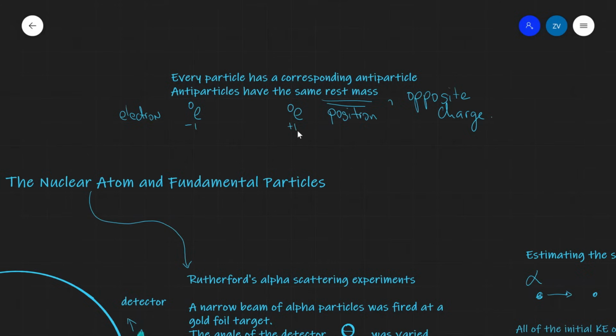So whereas the electron has a charge of minus 1.6 times 10 to the power of minus 19 coulombs, the positron is going to have a charge of plus 1.6 times 10 to the power of minus 19 coulombs. Typically, we tend to write down antiparticles with a little dash on top. For instance, this over here would be an antiproton, this over here would be an antineutrino.